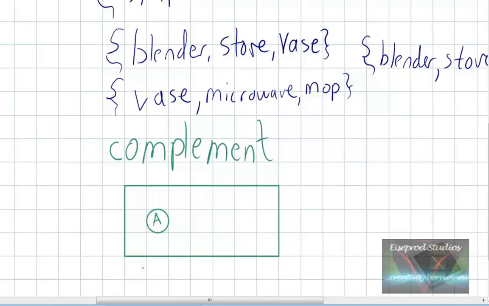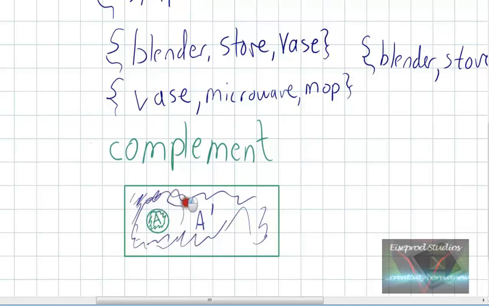Here. There's another color for that. Let's see here. Where is it? Sea green. Okay. This is A. And then, there we go. Everything out here that's still in the rectangle, but outside of the circle of A, is A prime.